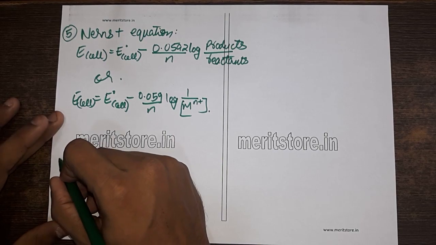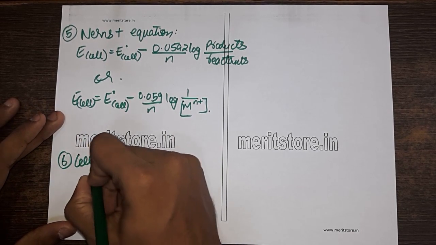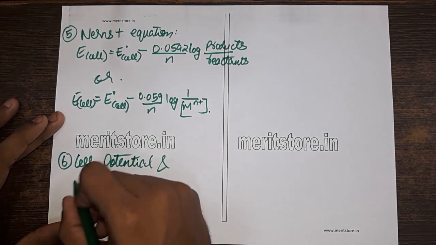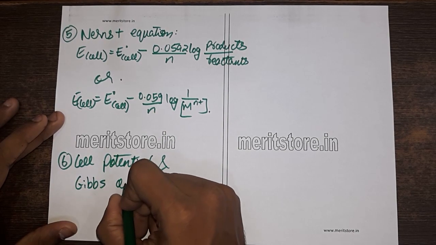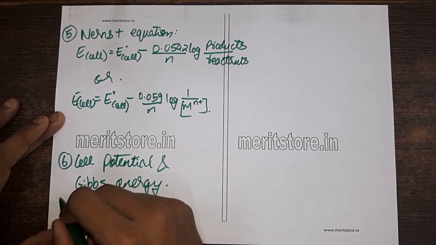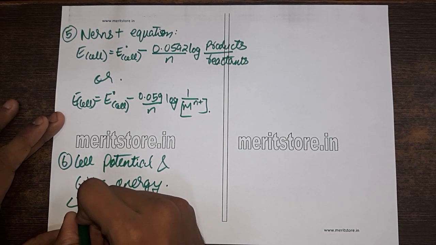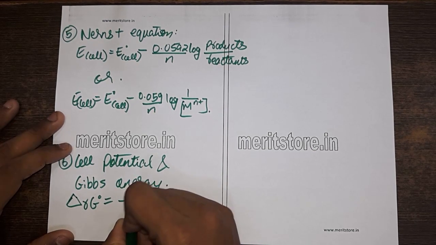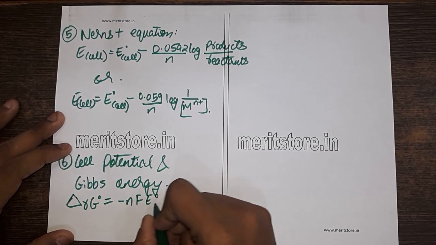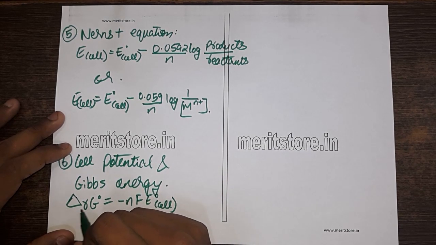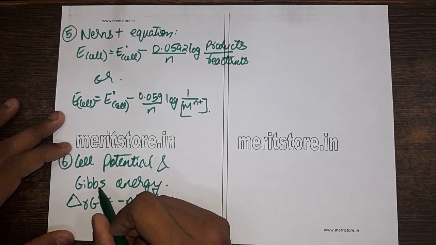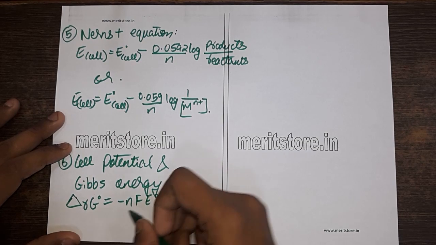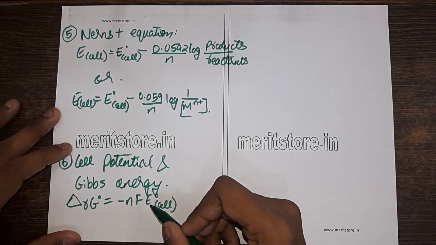It can be given as delta R G degrees is equal to minus NFE degrees of cell, where delta R G degrees is a standard Gibbs energy change, N stands for number of electrons gained or lost, and E degrees of cell is the standard electrode potential.